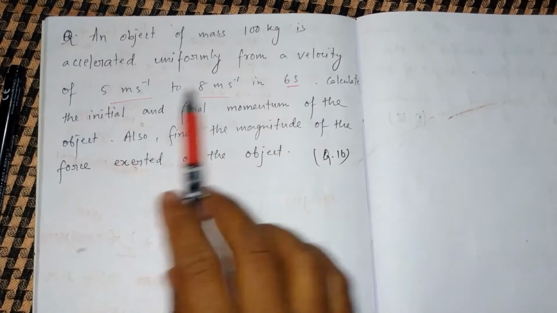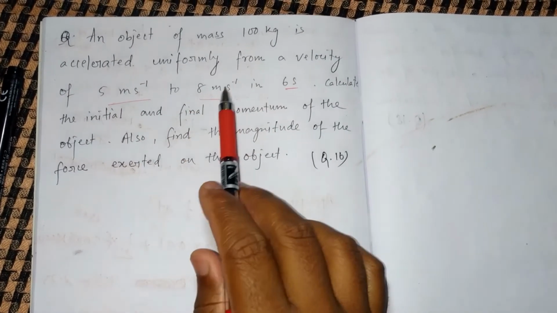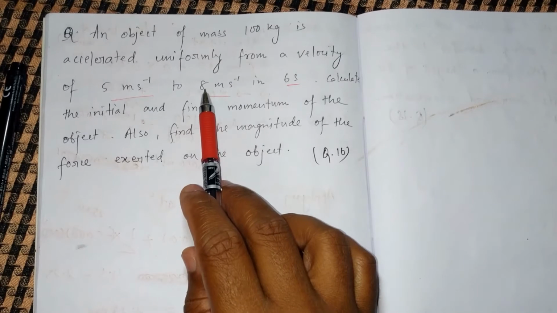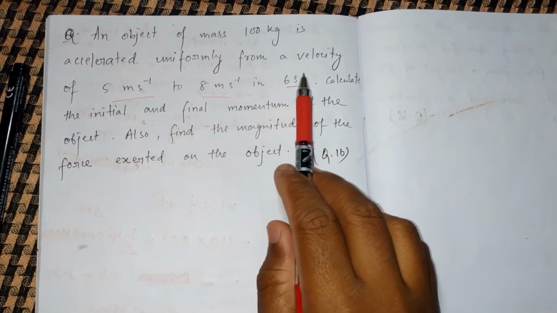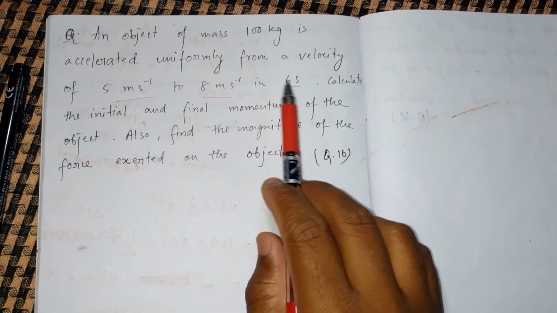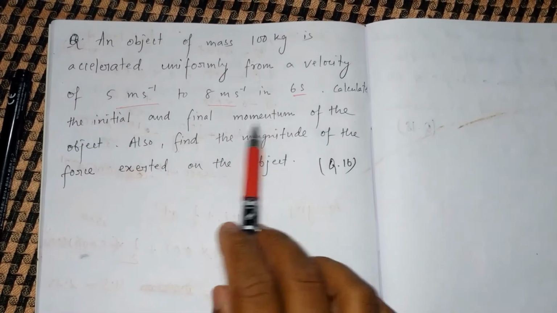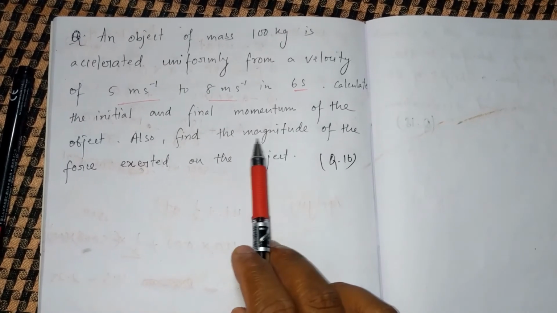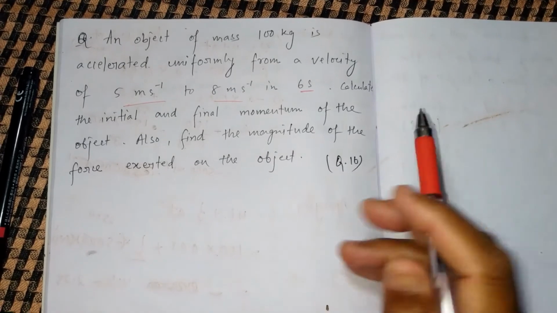So the initial velocity is 5 meter per second, and after applying the force the velocity changes to 8 meter per second, and the duration in which the force acts on the object is 6 seconds. So we need to calculate the initial and the final momentum, then we need to calculate the magnitude of the force exerted. So here this question has two parts.